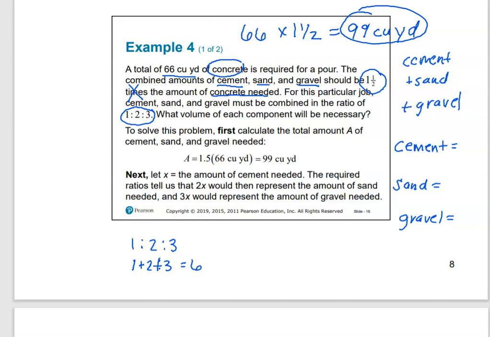And so if I have something that says 1 to 2 to 3, then that means that 1/6 of it is going to have to be cement. 2/6 of it is going to have to be sand. 3/6 of it is going to have to be my gravel. Okay, well, I should be able to figure that out.